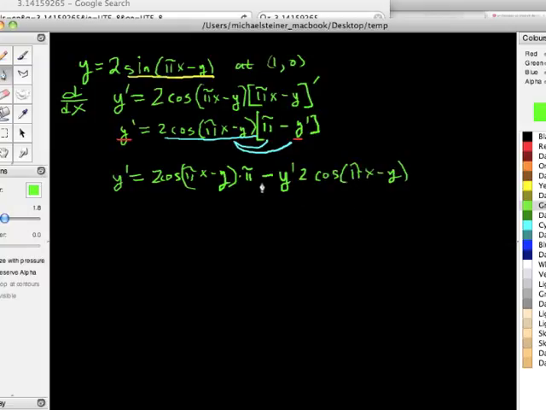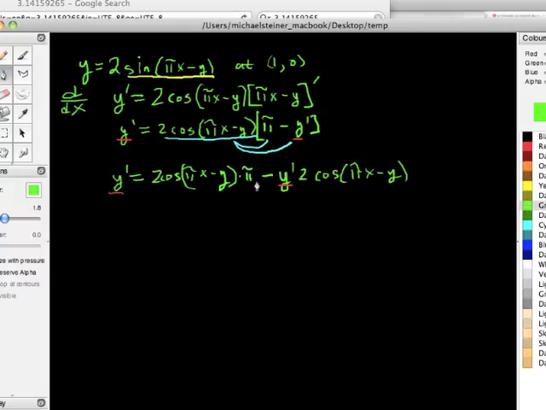I've been a little forward looking here by reordering these terms and putting the y prime first. So adding this term to both sides, remember our laser focus is right there and right there. We're going to strip away everything we can in order to isolate that.